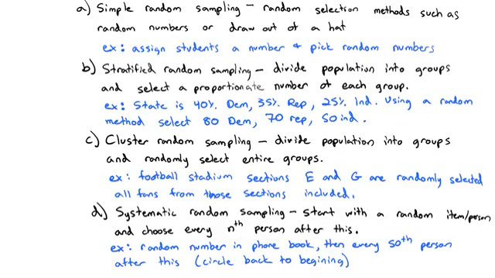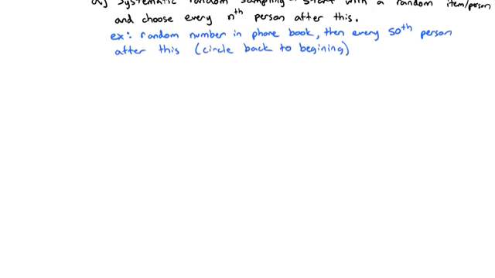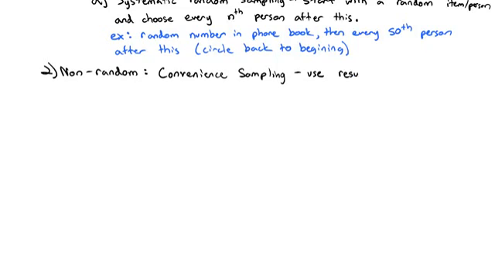There is a non-random method that is used quite a bit, and so we should at least acknowledge the non-random method called convenience sampling, which basically says use the results that are readily available.